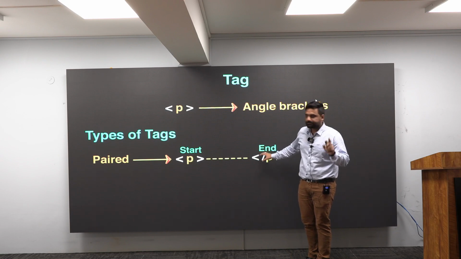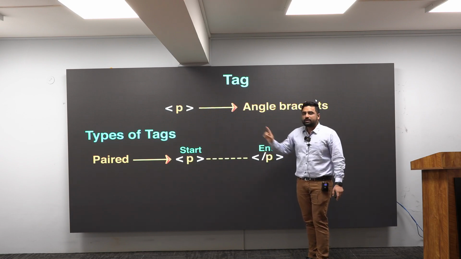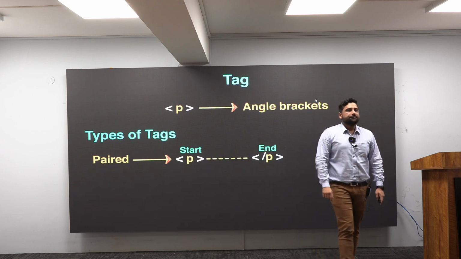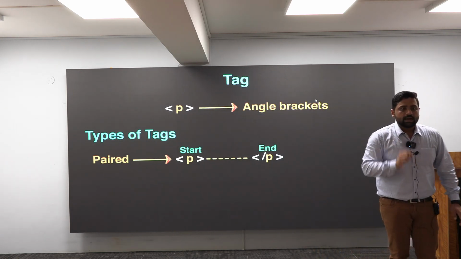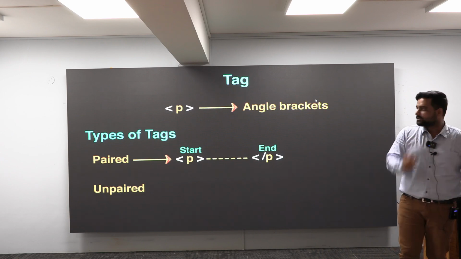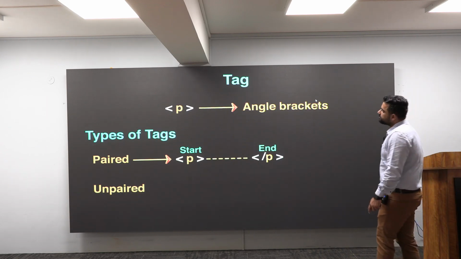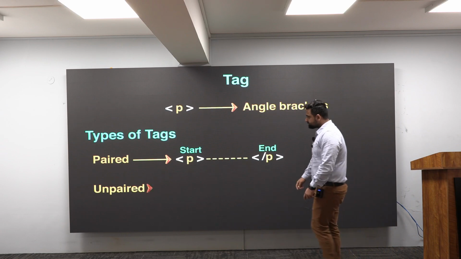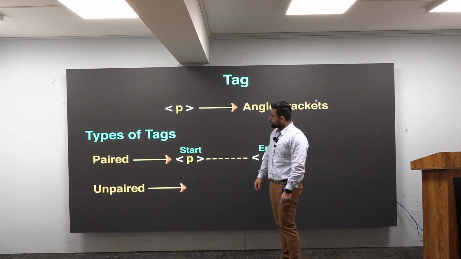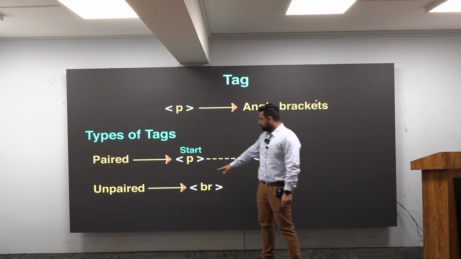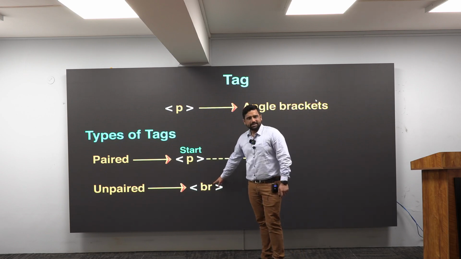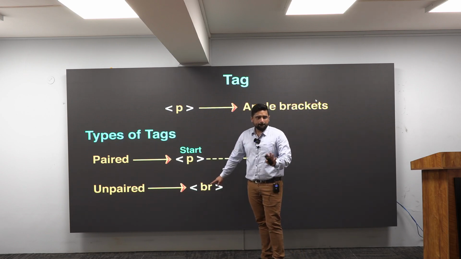Am I clear? One more type we have, which is your unpaired tag. What is that? Unpaired tag. And what is an unpaired tag? Please have a focus. Here I am taking the BR tag. And what is BR? That you will understand.